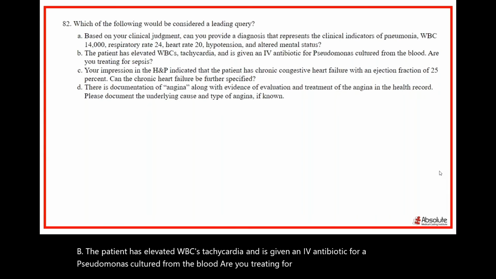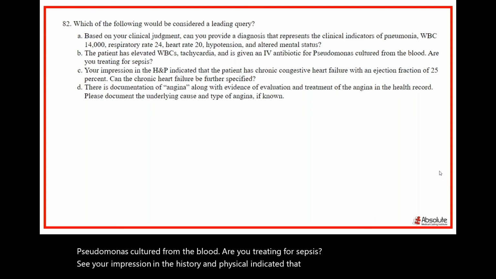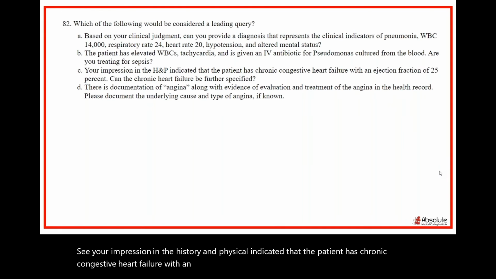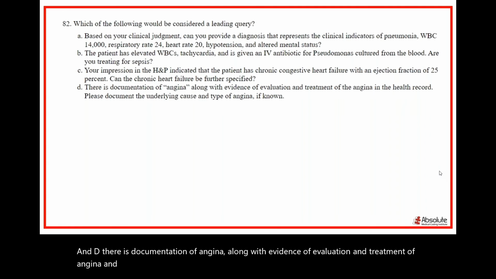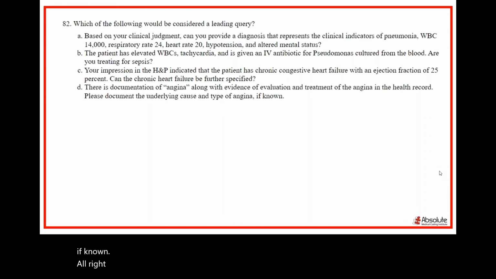Are you treating for sepsis? C, your impression in the history and physical indicated that the patient has chronic congestive heart failure with an ejection fraction of 25%. Can the chronic heart failure be further specified? And D, there is documentation of angina, along with evidence of evaluation and treatment of angina in the health record. Please document the underlying cause and type of angina if known. All right, coders, what say you?